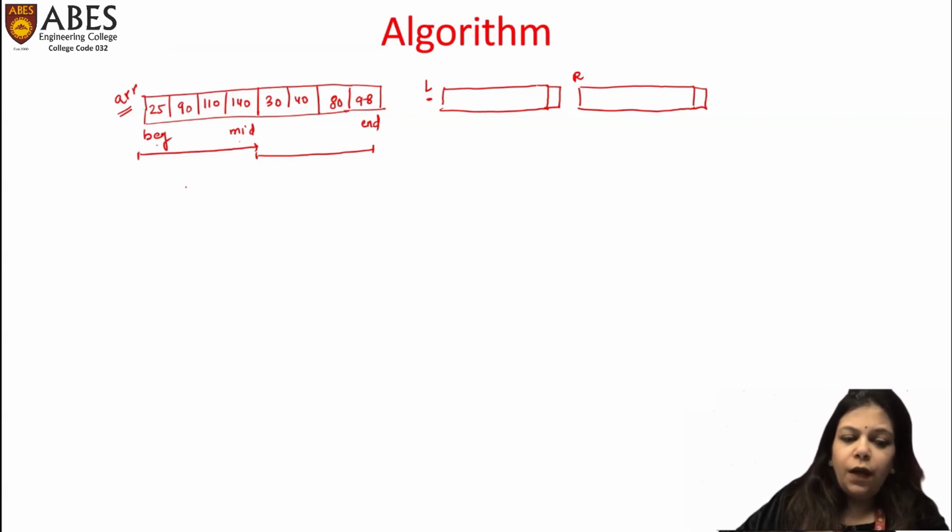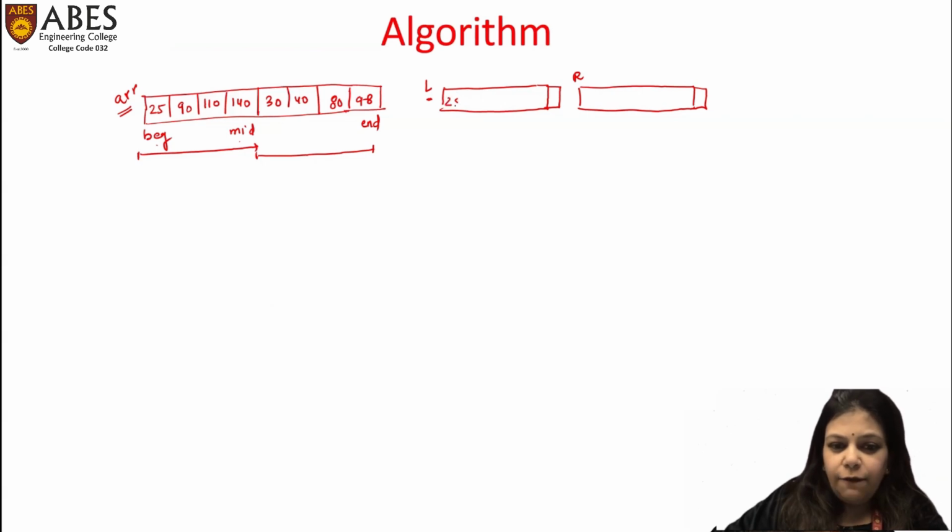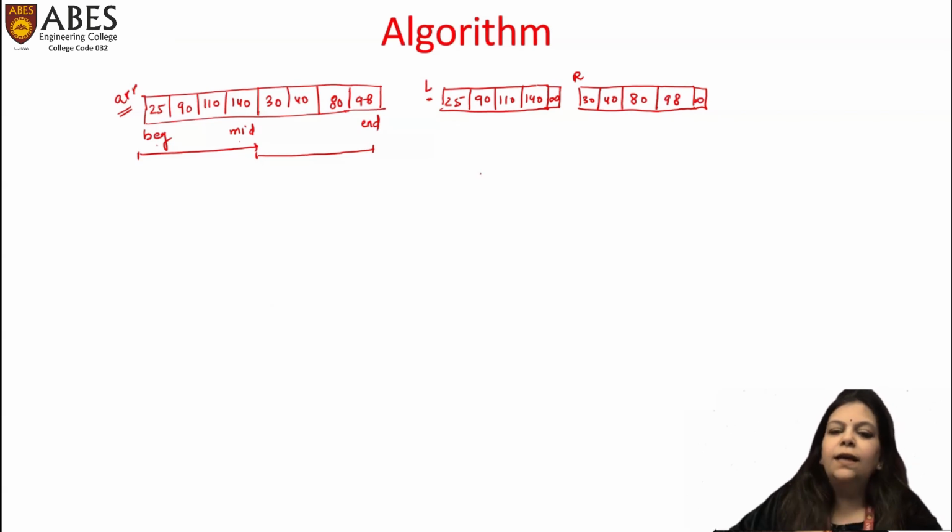And what we are going to do is store these values inside the left and right arrays. So suppose L will become 25, 90, 110 and 140 with infinity as the last element, and R will be 30, 40, 80 and 98 with infinity as the last element.